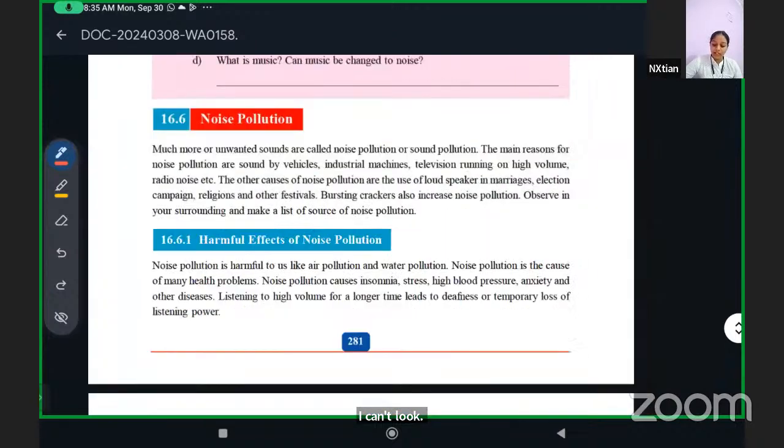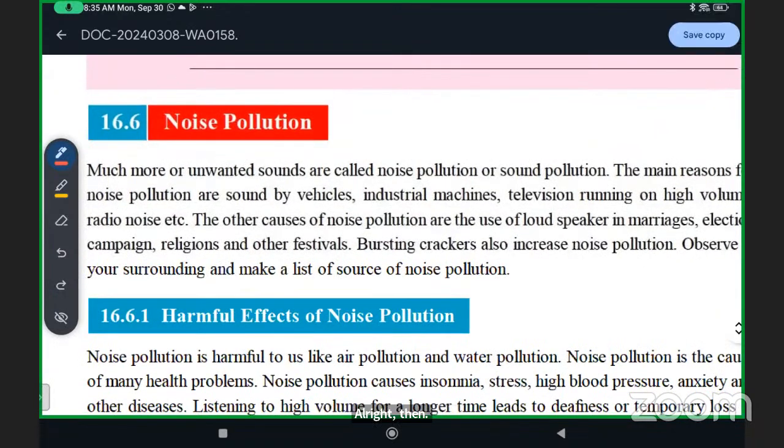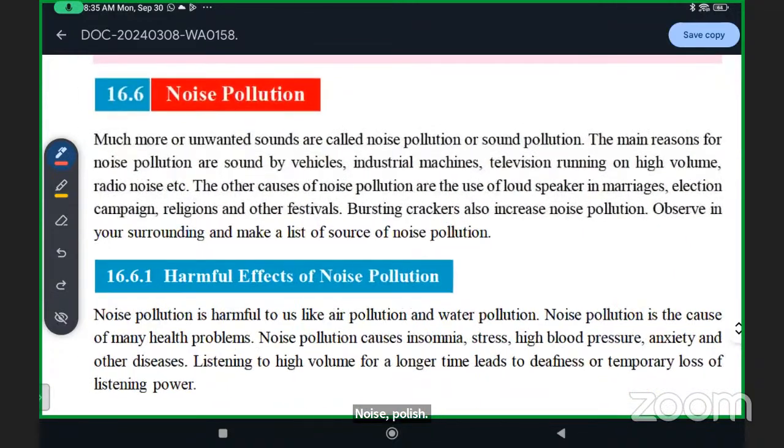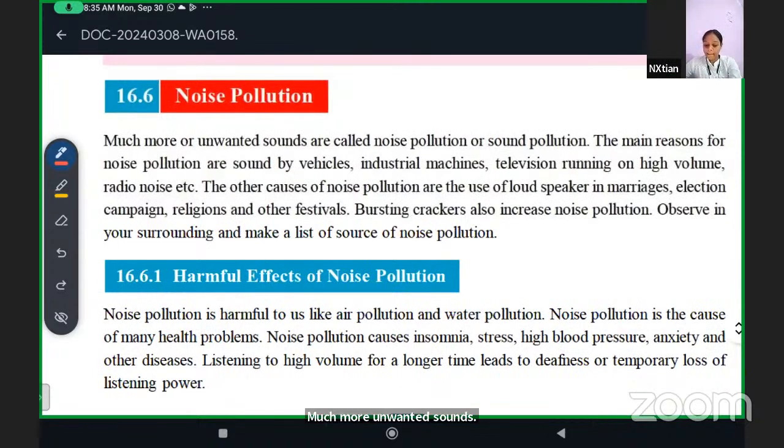Then we talked about what is noise and music. Let's see what is noise pollution. Much more or unwanted sounds are called noise pollution. Basically, noise pollution is a disturbance in the environment due to unpleasant, unwanted sounds.